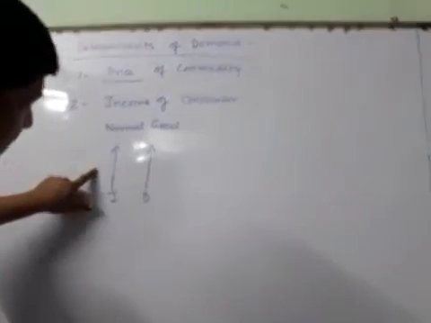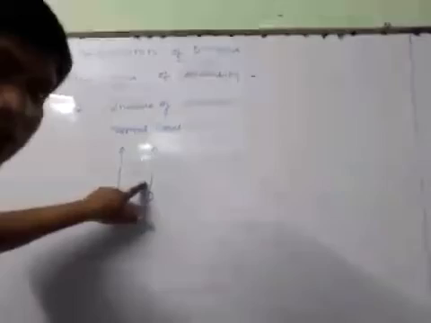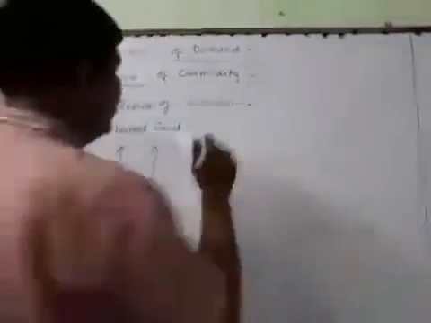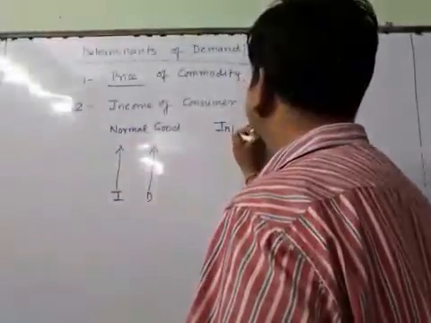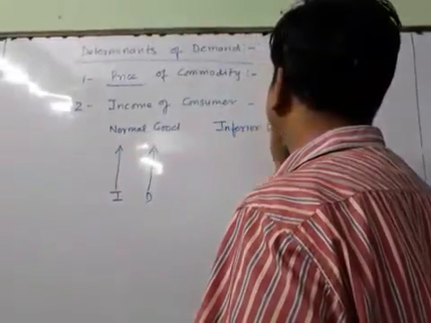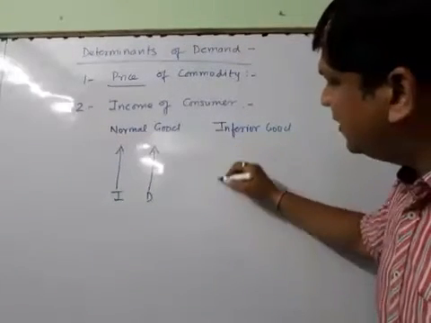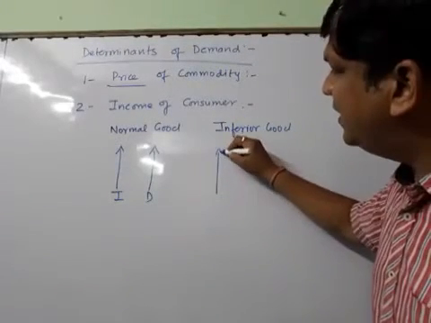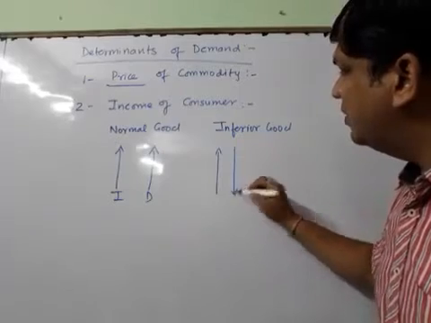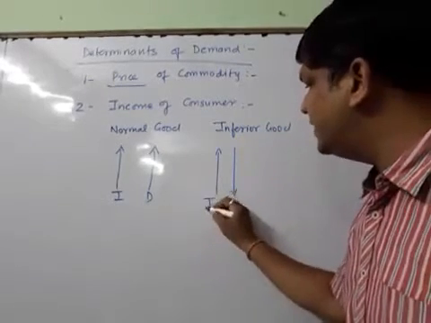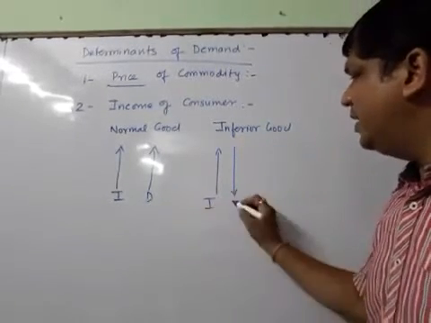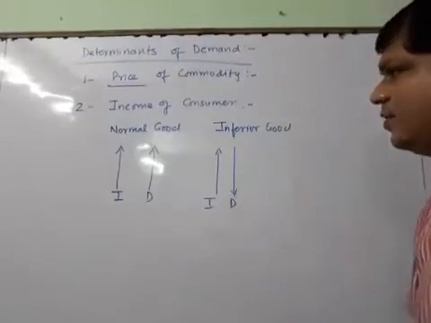With the increase in income, there is an increase in demand in the case of normal goods. Okay? But in case of inferior goods, as the income increases, the demand for inferior goods decreases. This is income and this is demand for inferior goods.